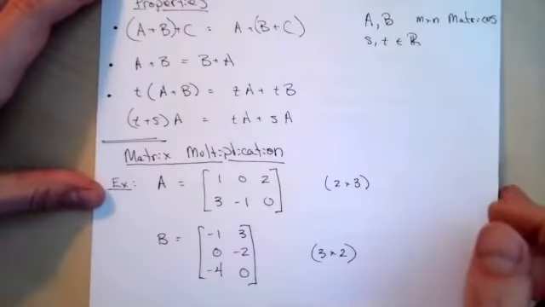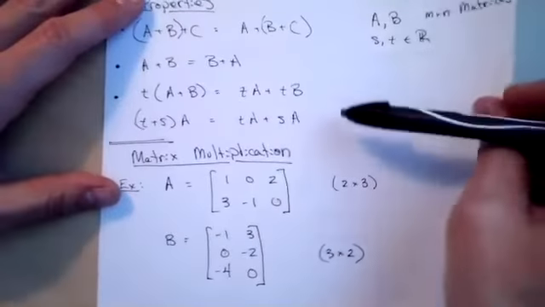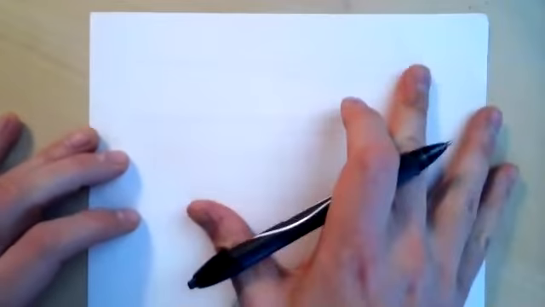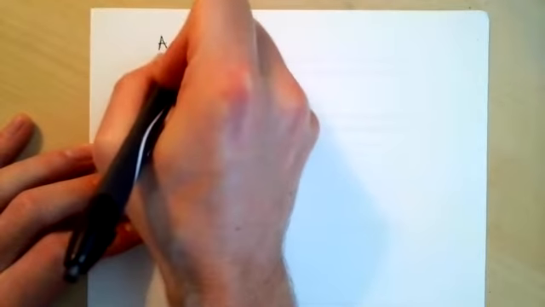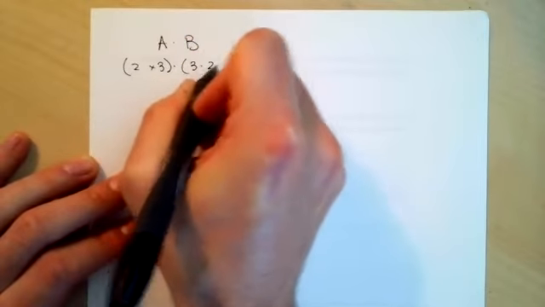And so what is going to happen when we do matrix multiplication is if we have A times B, we've got a 2 by 3 times a 3 by 2 matrix.